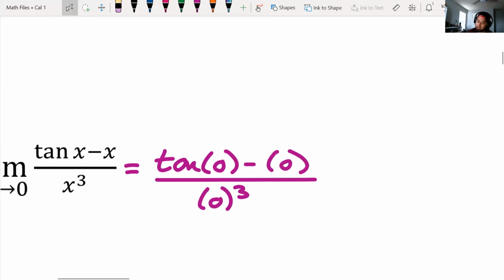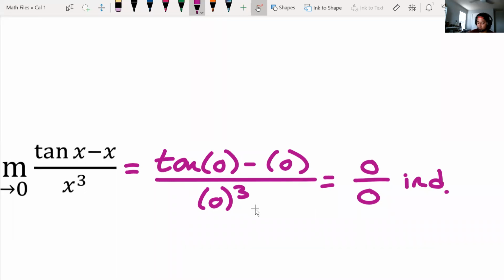What is the value of tangent at 0? Tangent at 0 is 0. So you get 0 over 0, which gives us indeterminate.